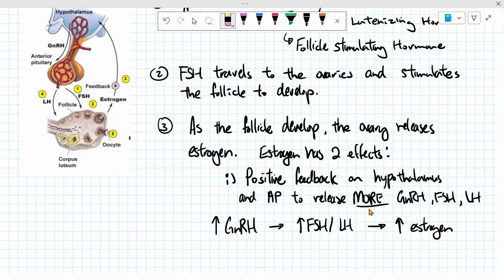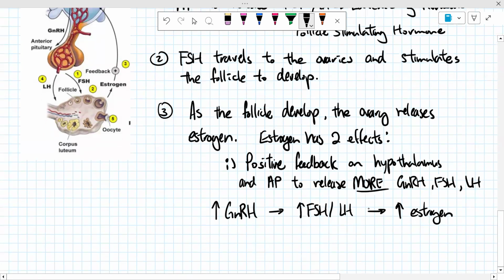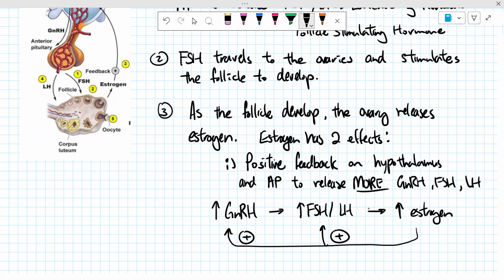In a positive feedback, this goes back and tells them, hey, let's make even more. As opposed to negative feedback, which would shut it down. Your thermostat is an example of negative feedback. When the temperature rises, it will turn off the heat.